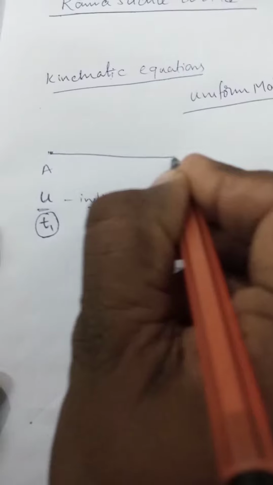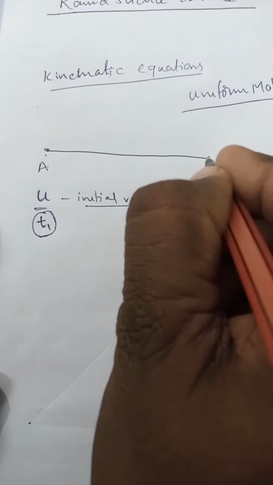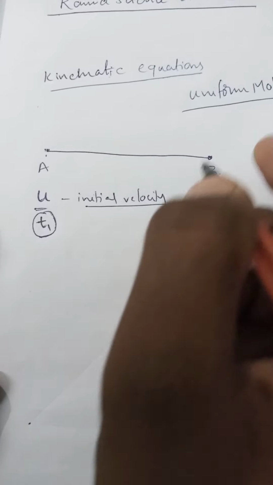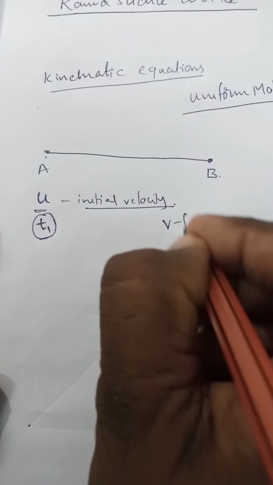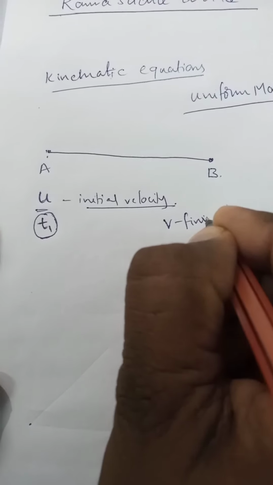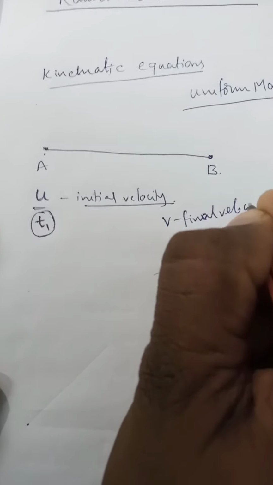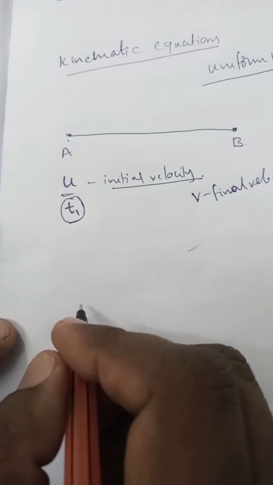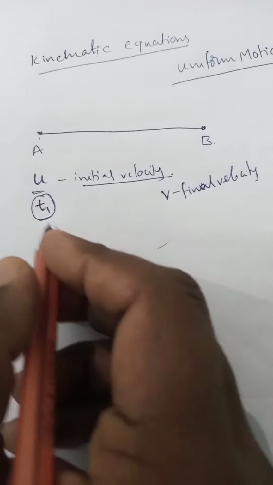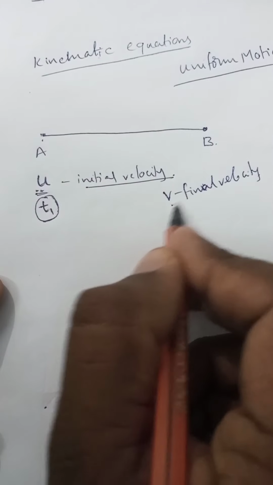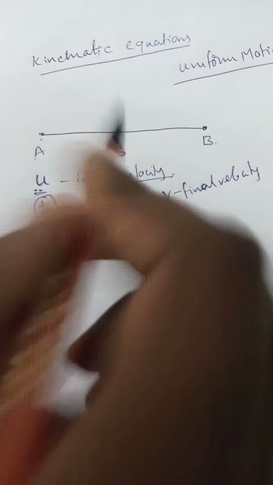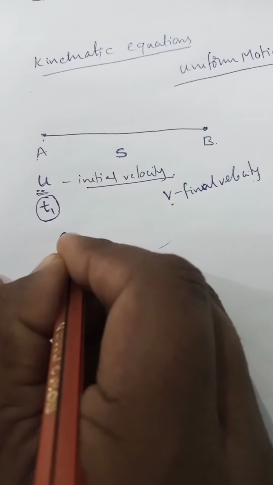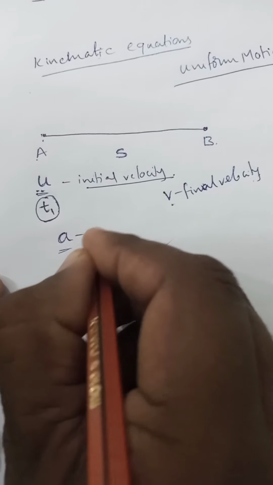After time t, this object moves towards B and reaches B. In this case, the final velocity is v. u is the initial velocity, v is the final velocity, s is the distance, and a is the acceleration.